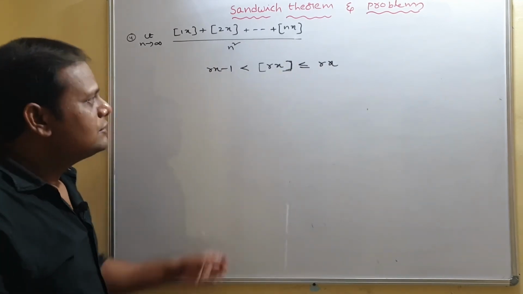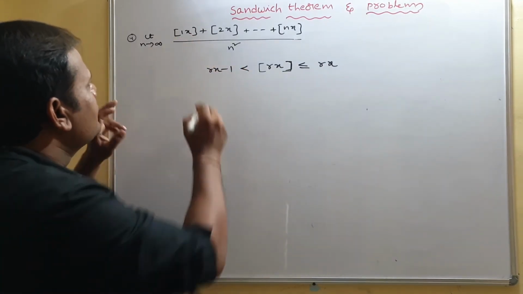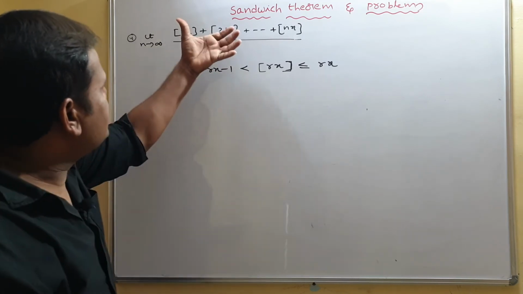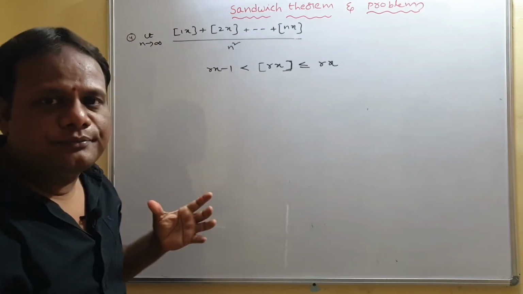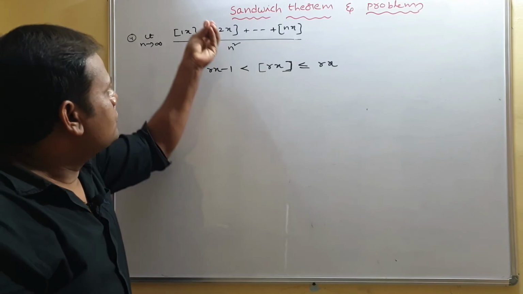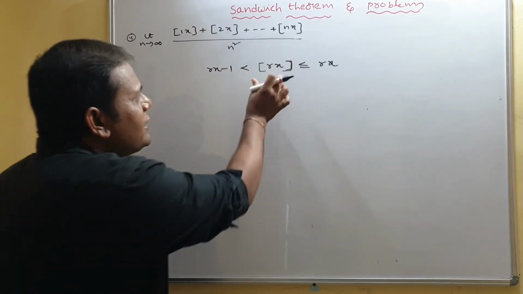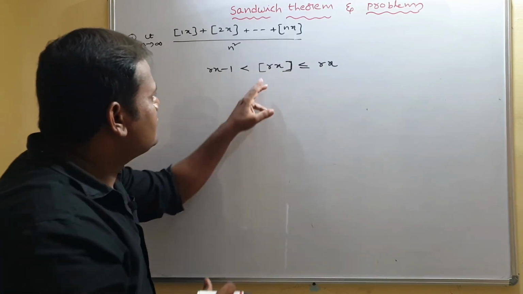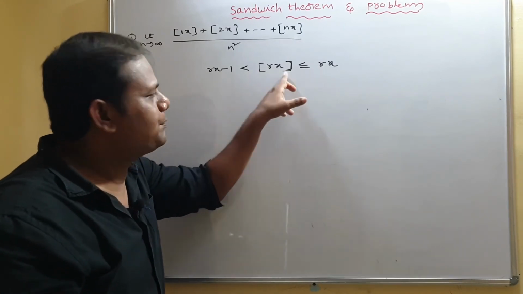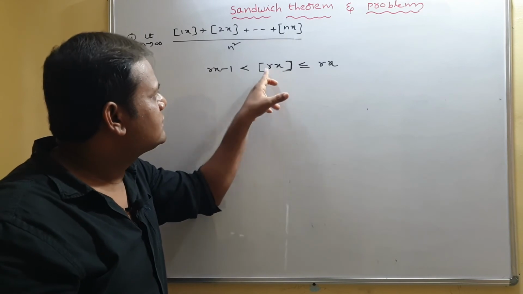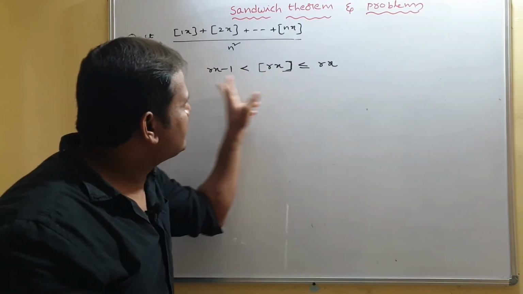See here, for which function you have to find the limit? You should take that function in the middle. So here what I want? I want step 1x plus step 2x plus so on plus step nx. So you apply sigma.